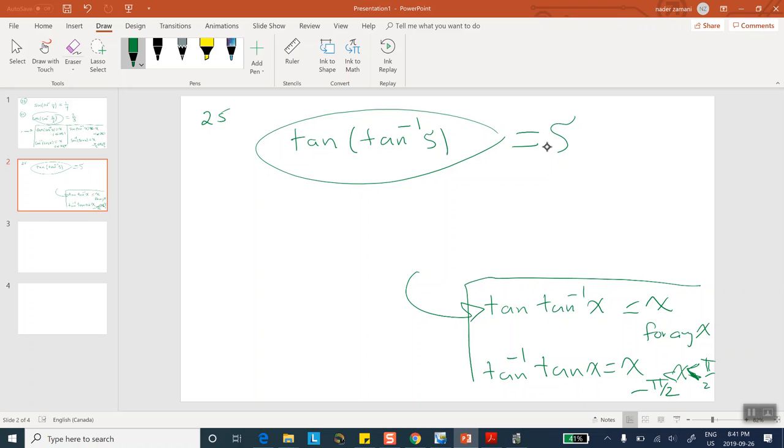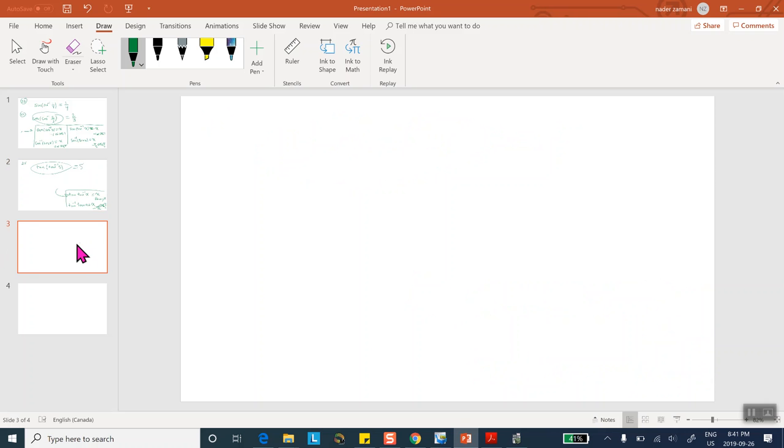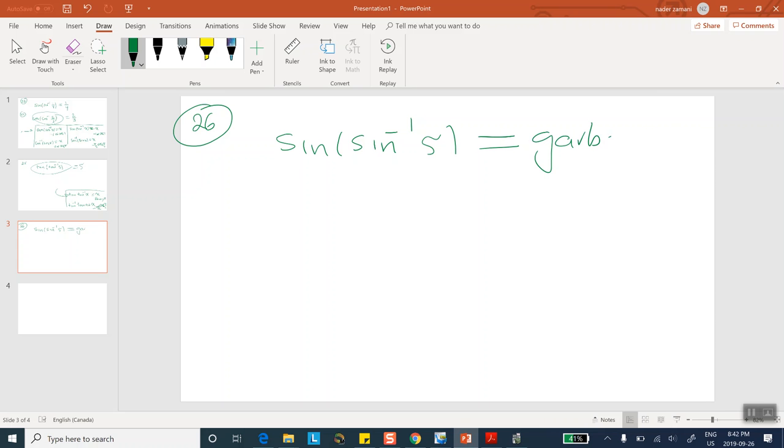Let me do sine of sine inverse. Next one, number 26. We have sine inverse of 5. This is garbage, because there is no way you can take sine inverse of something that's bigger than 1.